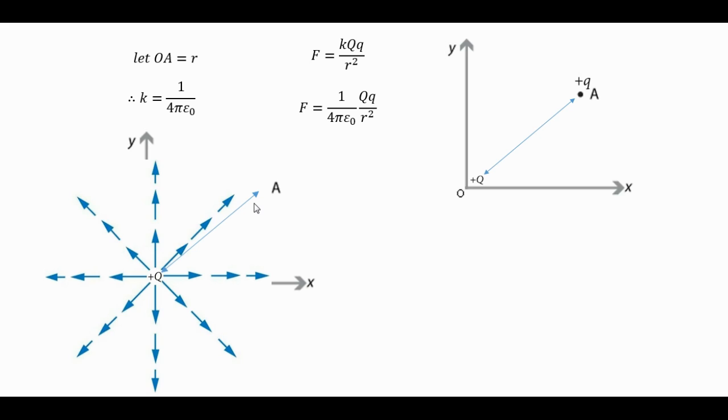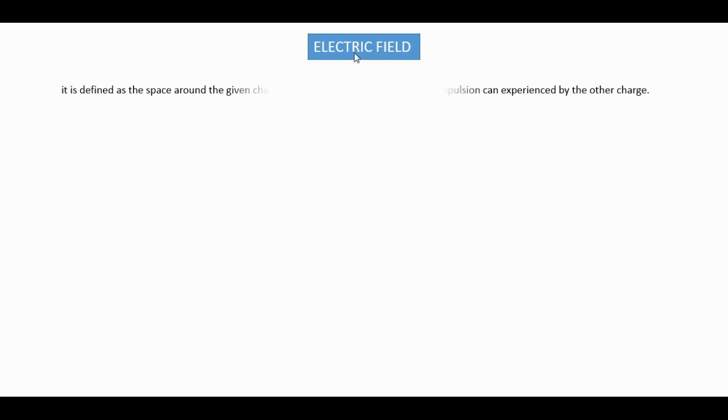Whenever a charge comes in the influence of another charge, the field of the first charge acts on the second charge, and vice versa is also true. Electric field is defined as the space around the given charge in which the force of attraction or repulsion can be experienced by the other charge.